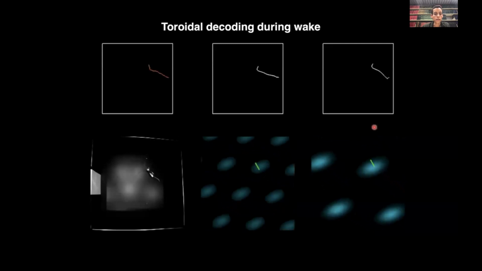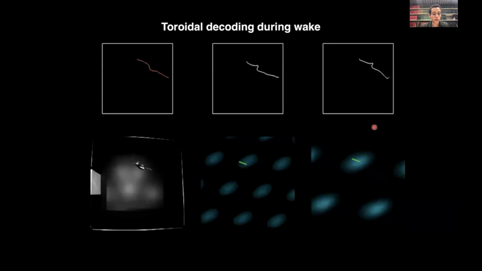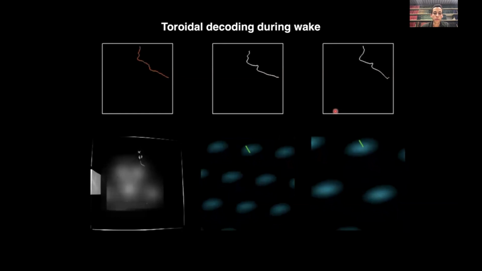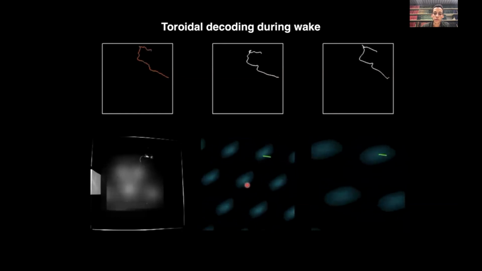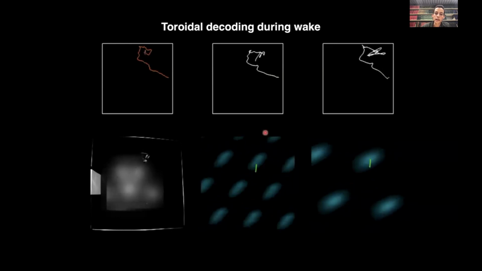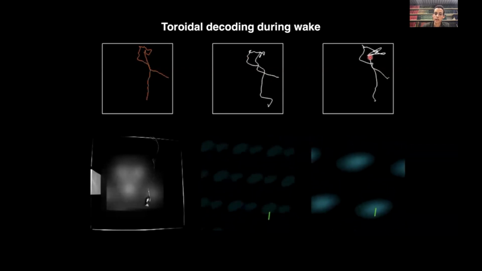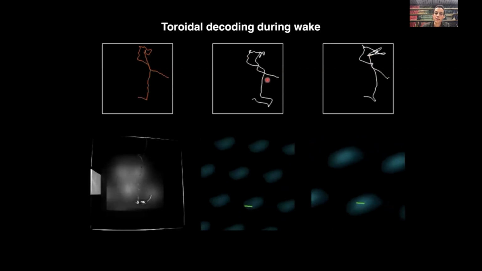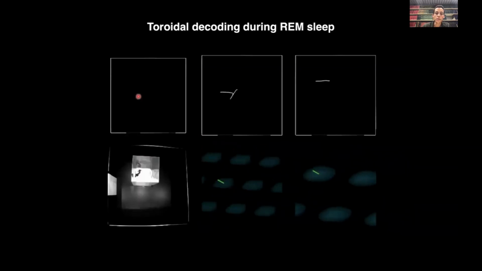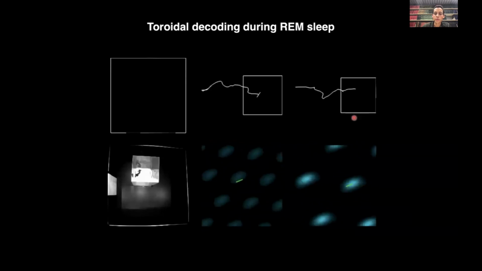First we see an example of how this decoder works during wake. So we decode position from two grid modules simultaneously, and can plot the trajectory on the torus unwrapped into physical space for both of these modules as an animal runs around in the box, and do the same during a minute of REM sleep.